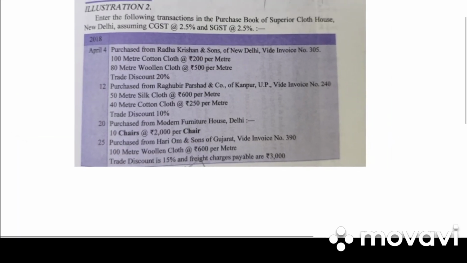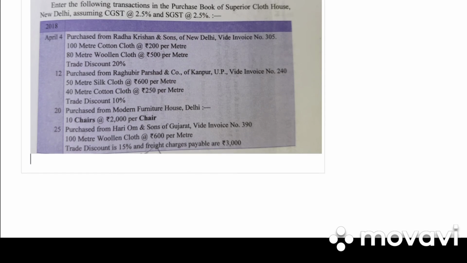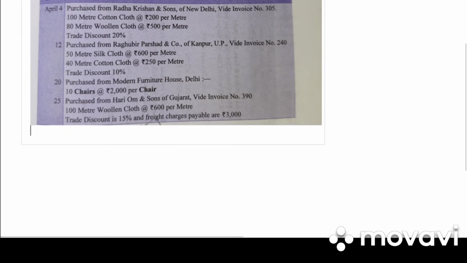Take down illustration 2. Enter the following transactions in the purchase book of Superior Cloth House, New Delhi, assuming CGST, SGST at 2.5%. Purchase from Radhakishan, New Delhi, 100 meter cloth, 80 meter and trade discount. Purchase from Raghubir of Kanpur, UP. So this is interstate purchase and not within the state.